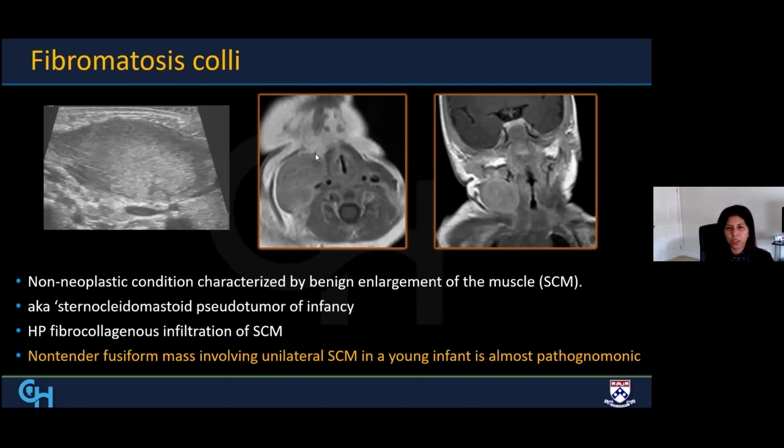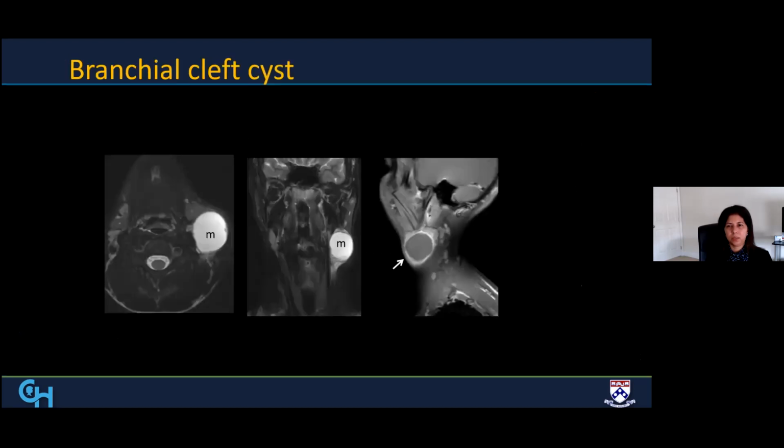And usually you see it as a very non-tender, homogeneous appearing mass, which can be identified in the region involving the sternocleidomastoid, and a very uniform looking, homogeneous appearing mass on MR. So this should not be confused. It's a benign thing. It can usually resolve with conservative management, physical therapy, and should not be mistaken for anything sinister.